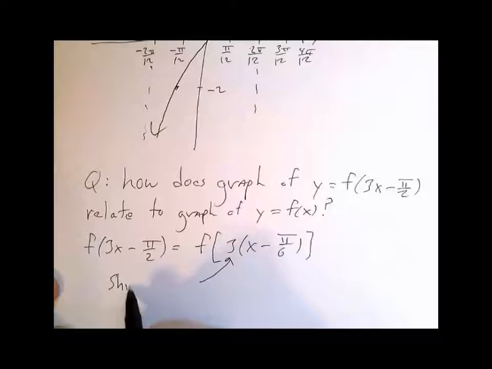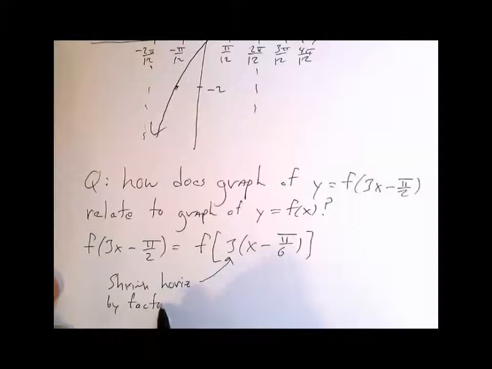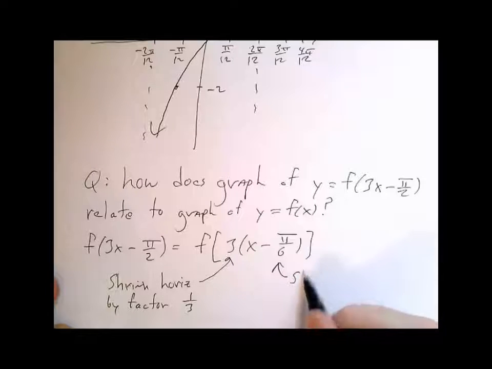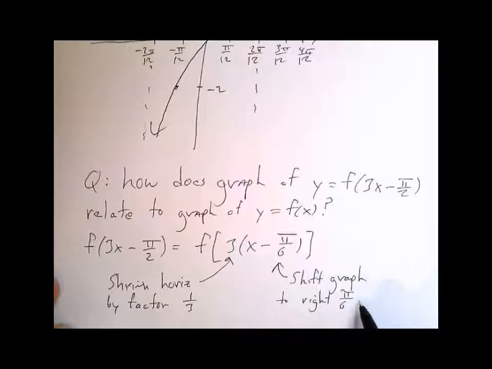So you shrink horizontally by a factor 1/3. And here, when I replace x by x minus pi over 6, we shift the graph to the right pi over 6 units.